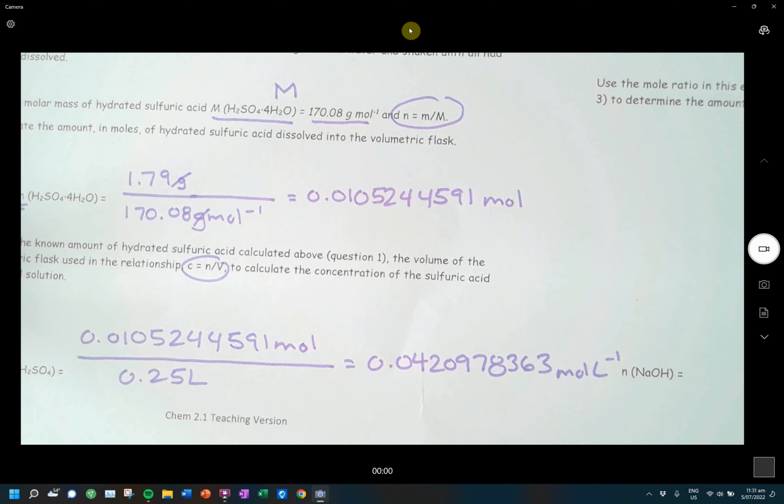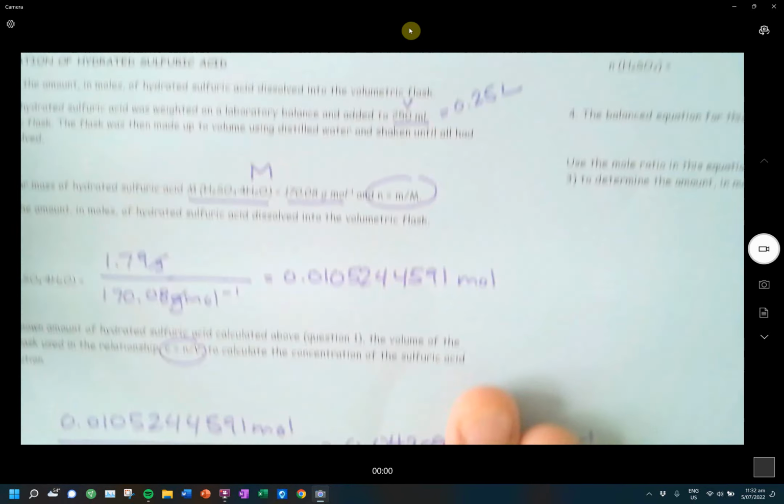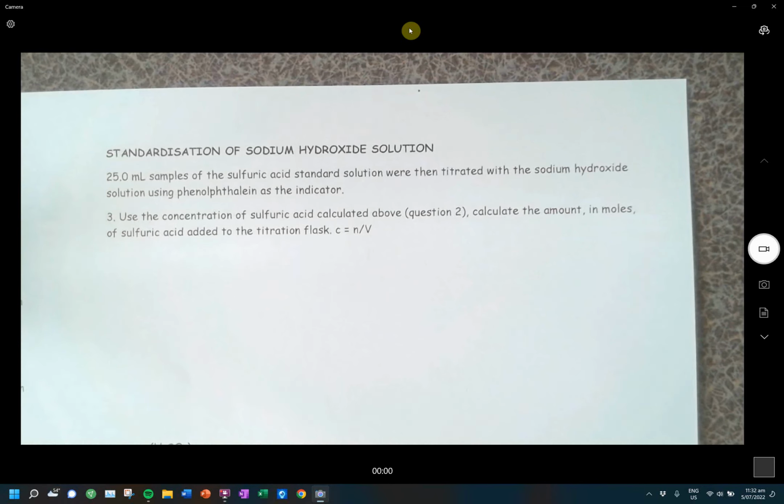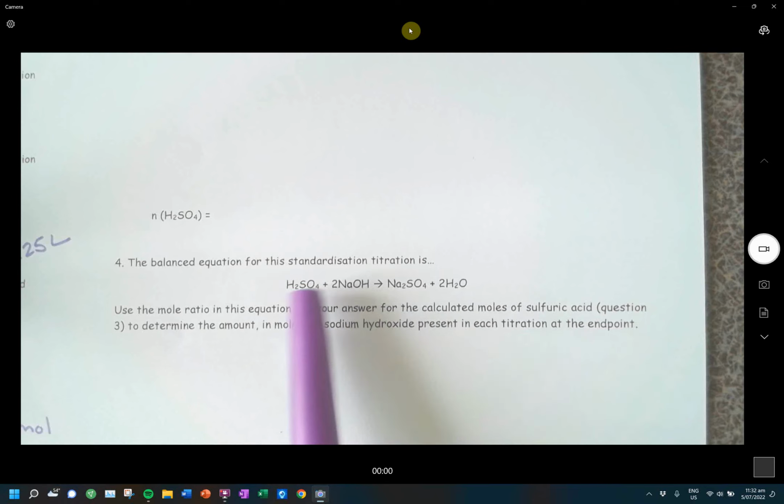All right. Moving on. Okay. So, are you okay? Okay. So now that I know that, I'm going to start using my sulfuric acid solution in my titration. So the first thing I need to do, if you guys remember, is you remember how we saw that equation here?